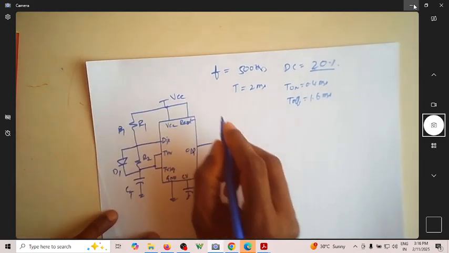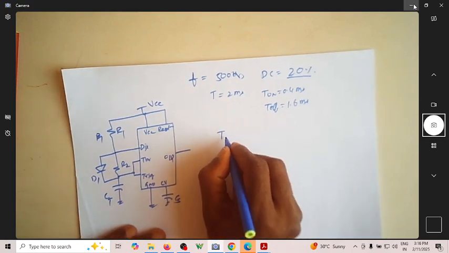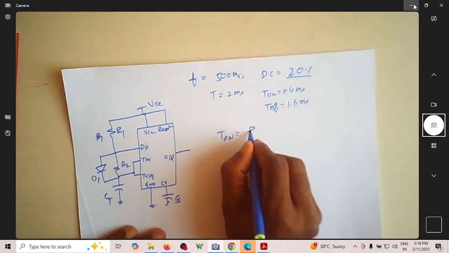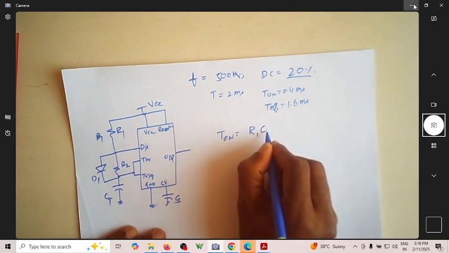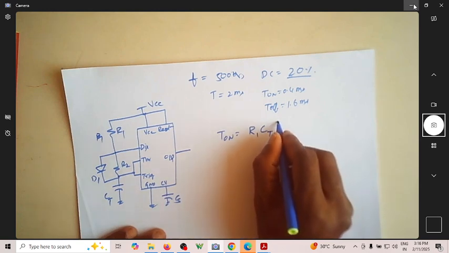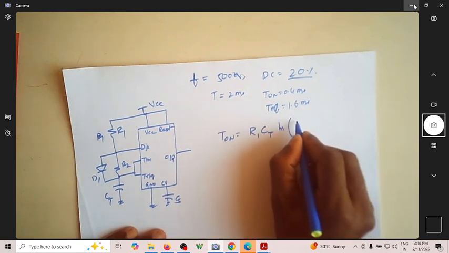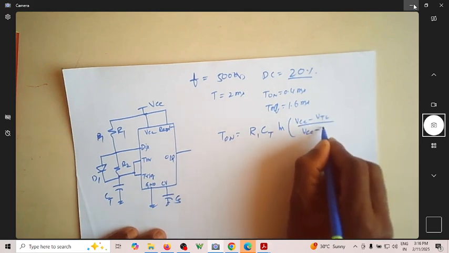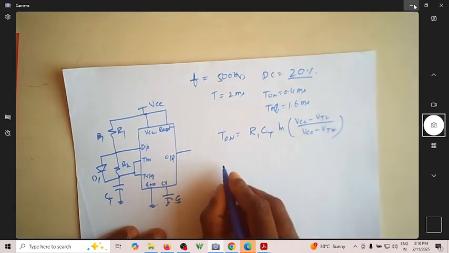This is VCC. Now we know the expression for T on as R1 CT ln of (VCC minus VTL) by (VCC minus VTH).